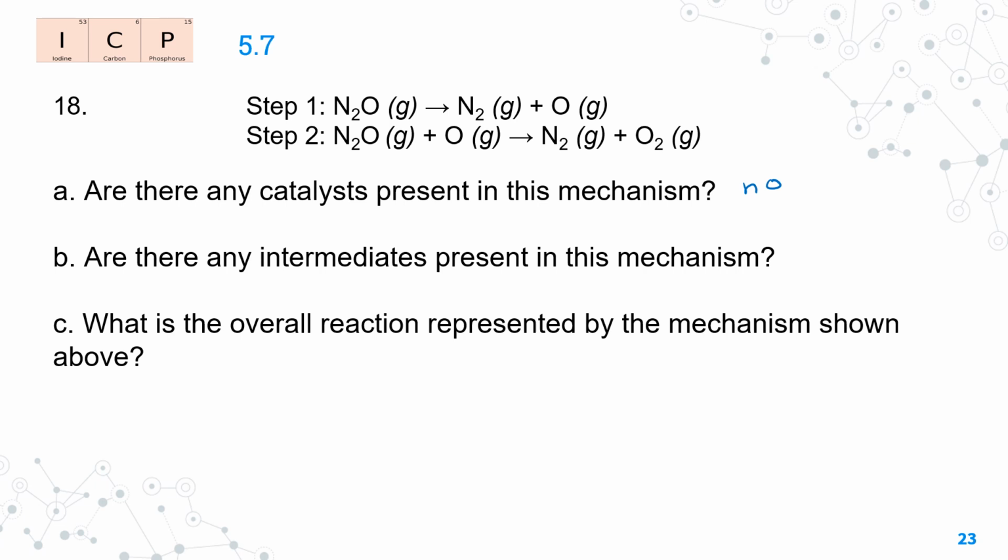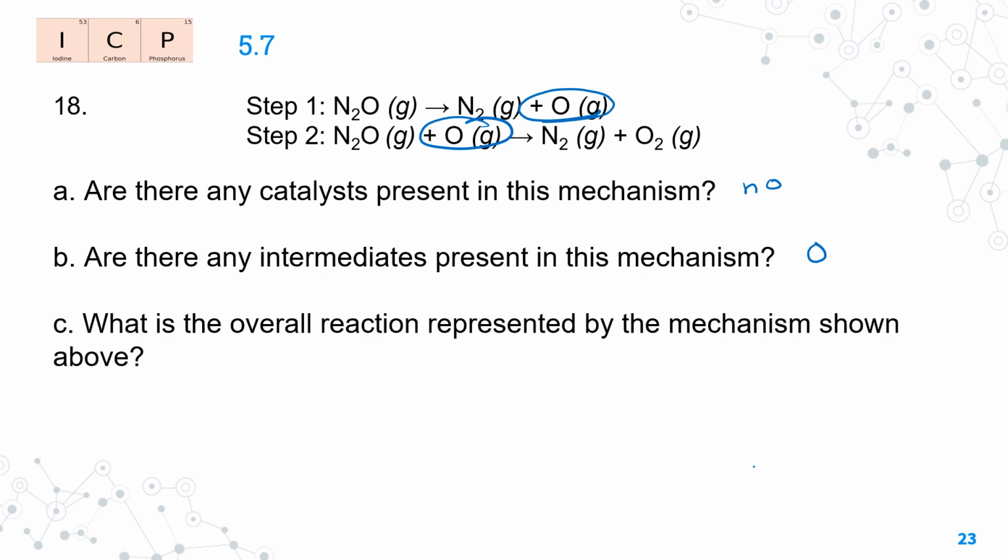So something that is created and then is gone? And the answer to that is yes, and it's going to be oxygen. Because if you look, I have an oxygen here and an oxygen here. And so because it is created and consumed, it's going to be my intermediate.